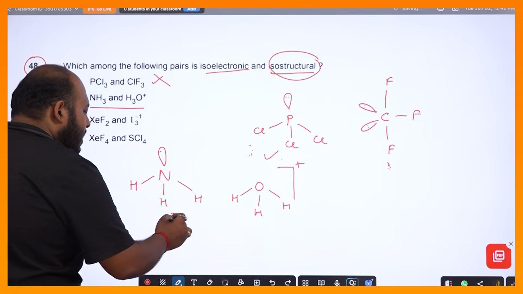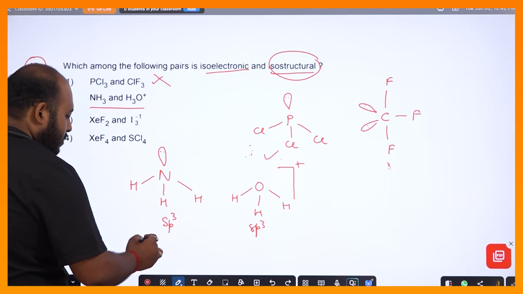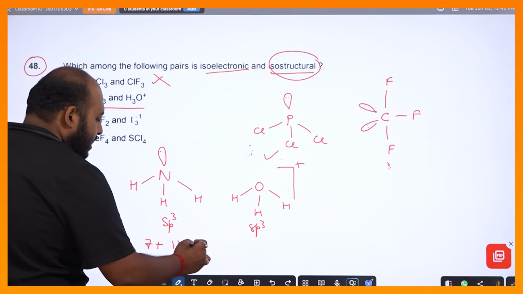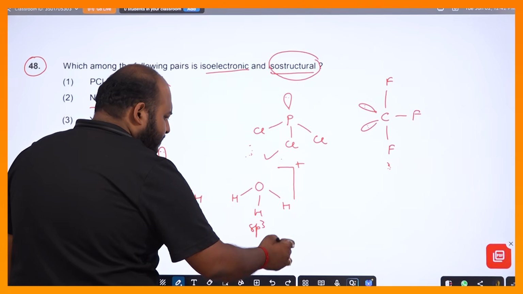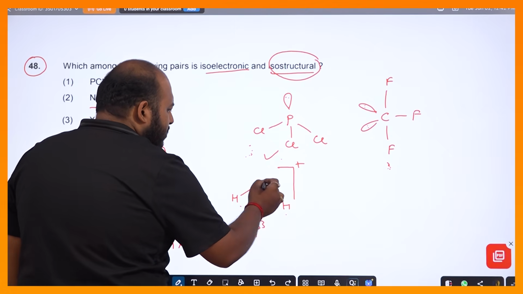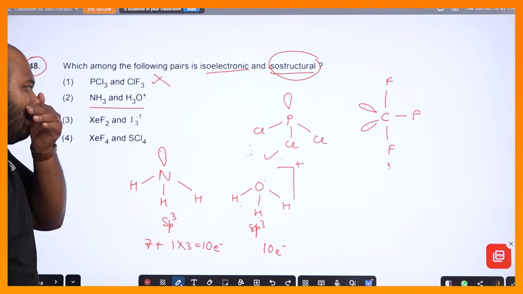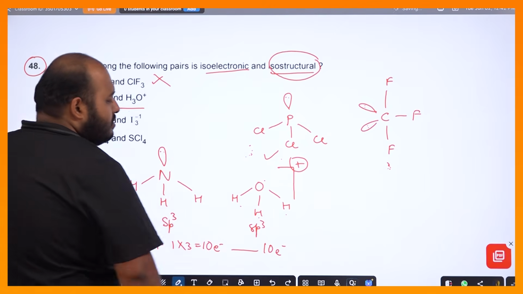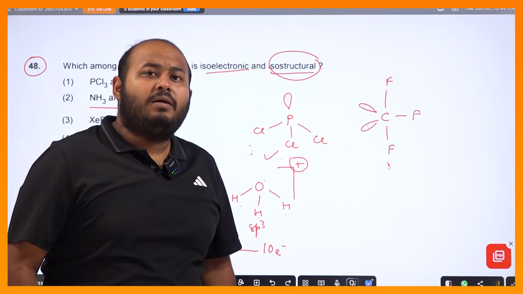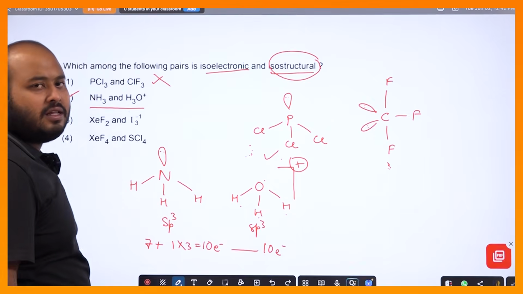Both are having the same kind of hybridization, and if we count the electrons also, 7 plus 7 for nitrogen, 7 plus 1 into 3, that is 10 electrons in this case, and in this case also it will be 10 electrons, and we have to subtract 1 because a positive charge is present here. So both are having the same structure as well as the same number of electrons. So we can go with the second option, that is NH3 and H3O+.